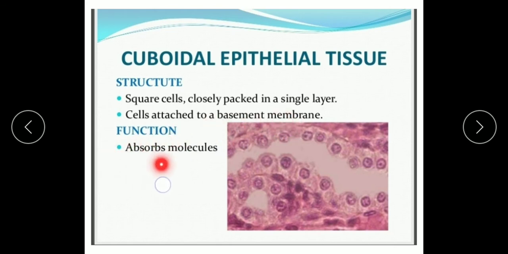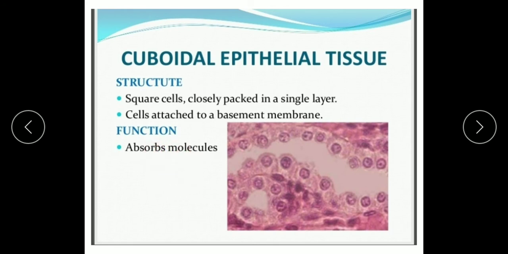The major function of the cuboidal epithelium is absorption of molecules. Epithelial cells commonly form the outer protective layer. Epithelial cells are further classified based on the structure and function of the cells.